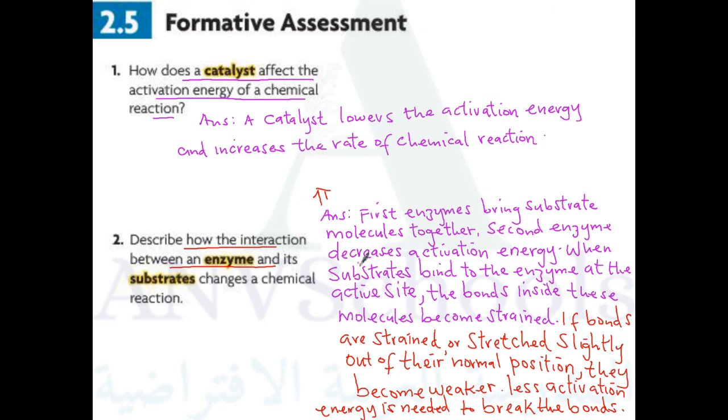Second, decrease the activation energy. And when it is decreased, it will break down the bond. So you can see that these two are closely related. But this is the answer for this question number 2.